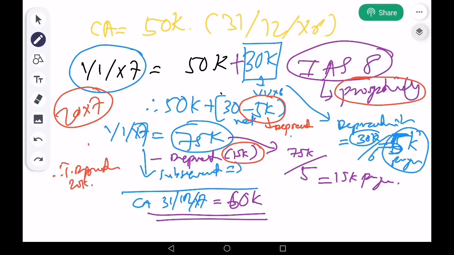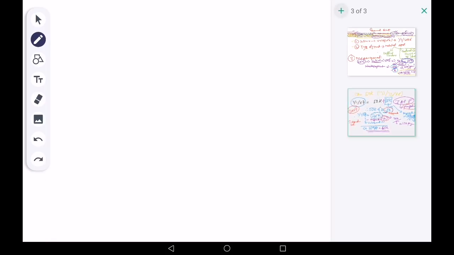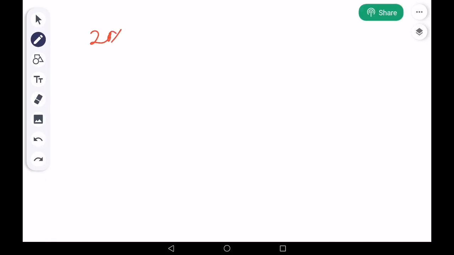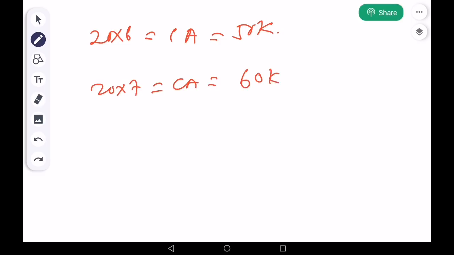So what is your presentation, class? If you can see here now, 2006 carrying amount is 50k. 2007 your carrying amount is 60k. So what is your journal entries? Adjustment entries, because the director has not yet recorded.